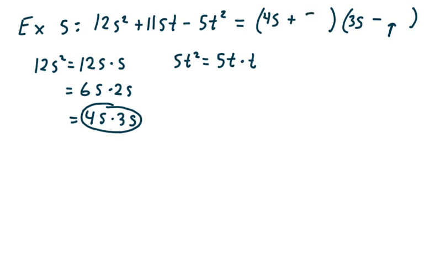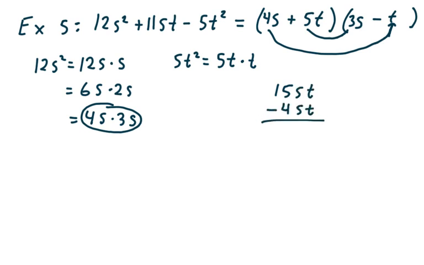And so what that tells me is I'm going to put the 5t here and the t over there. And if you smile, notice that 15st minus 4st is positive 11st. And that's what I wanted.